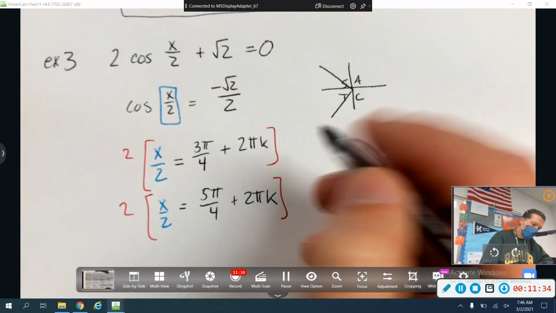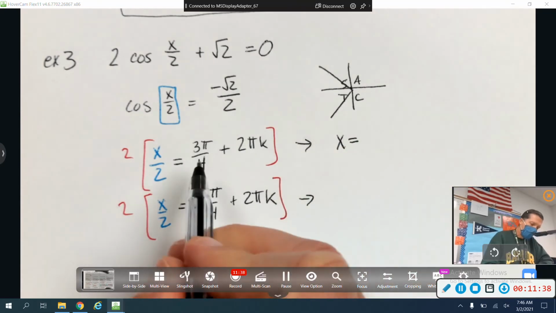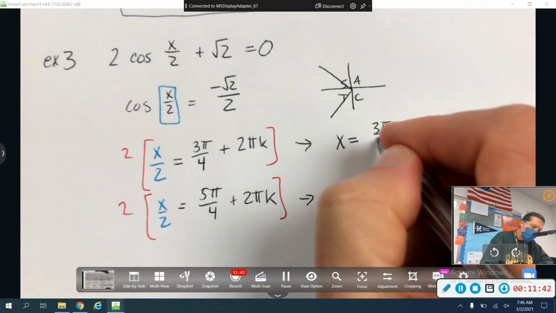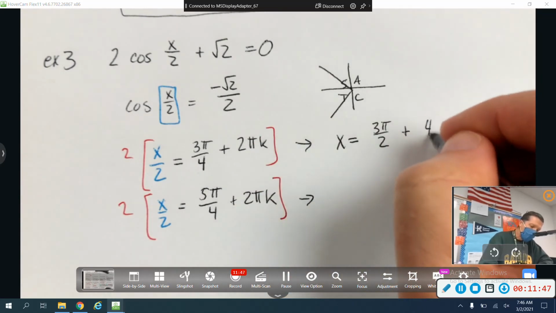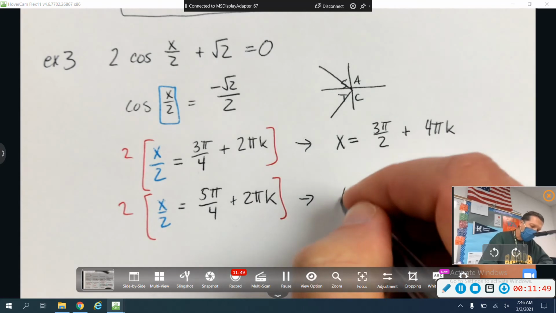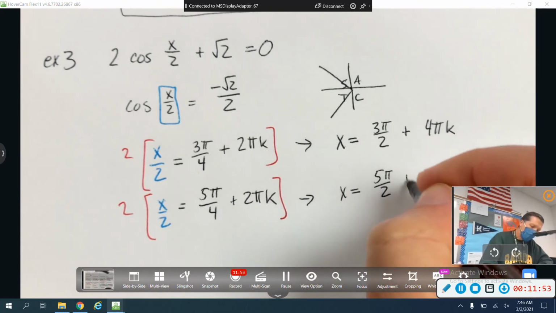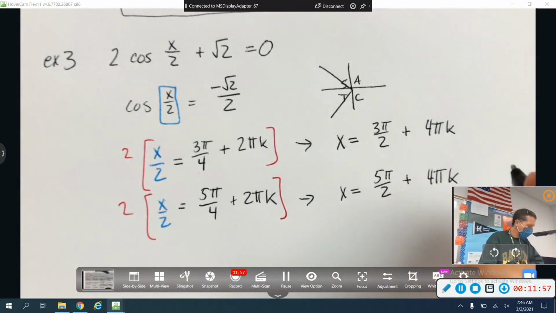I guess we can do it this way. So x equals, let's see, the 2 over 4 would reduce to 3 pi over 2. Everybody gets the 2, so plus 4 pi k. 5 pi over 2 plus 4 pi k.